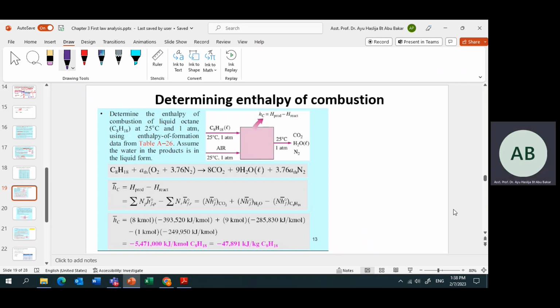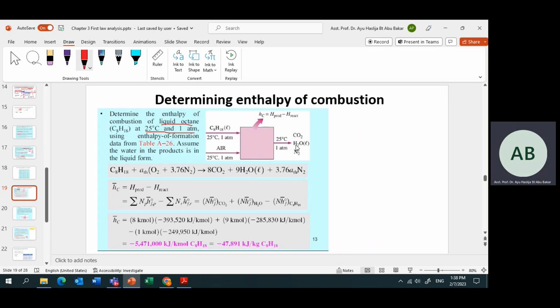Okay, now we go to this example where we have fuel liquid octane. The fuel here is liquid octane at 25 degrees C and 1 atm. So the inlet to the combustion chamber is 25 degrees C and 1 atm. Using enthalpy of formation from table A26, assume the water in the products is in the liquid form.